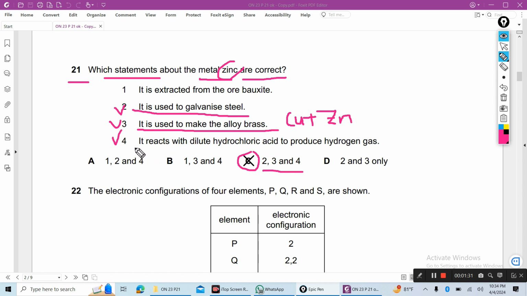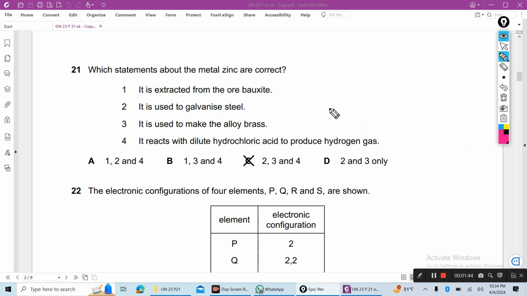And 4. It reacts with dilute hydrochloric acid to produce hydrogen gas. Yes, you know, zinc reacts with hydrochloric acid, HCl, to produce zinc chloride plus hydrogen.